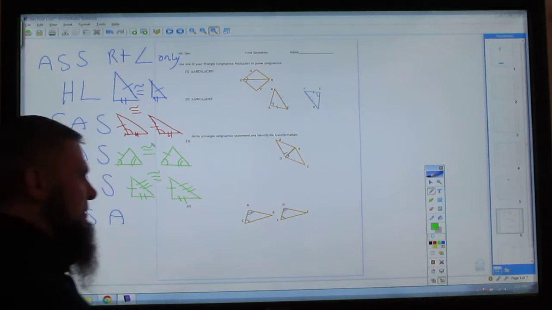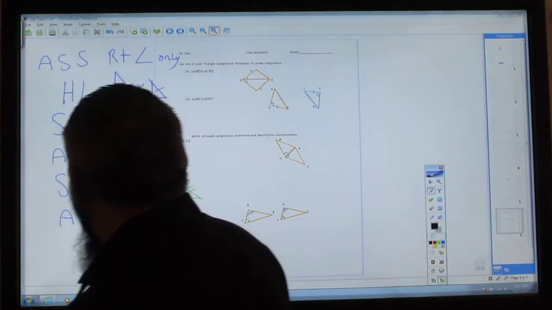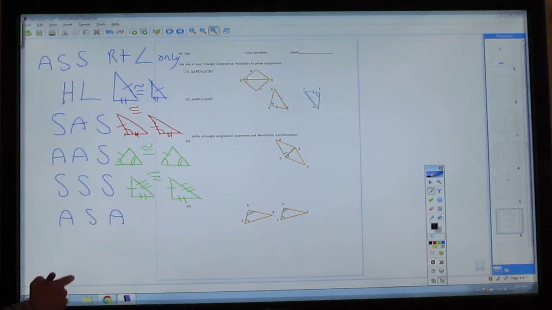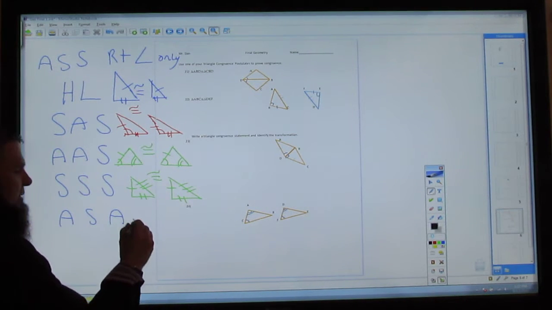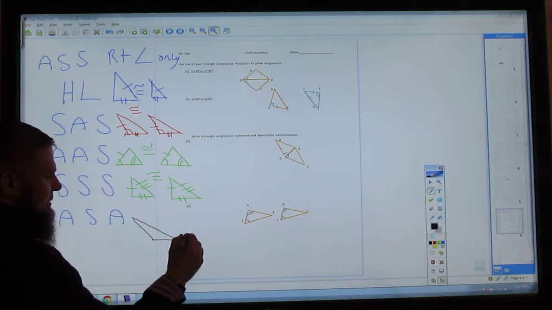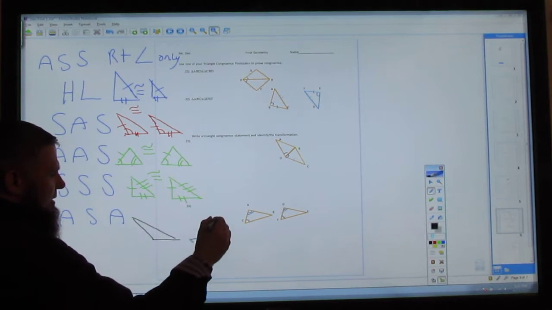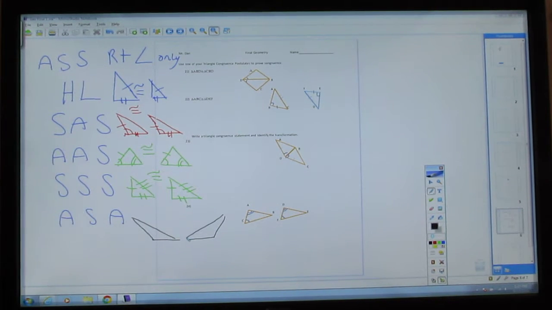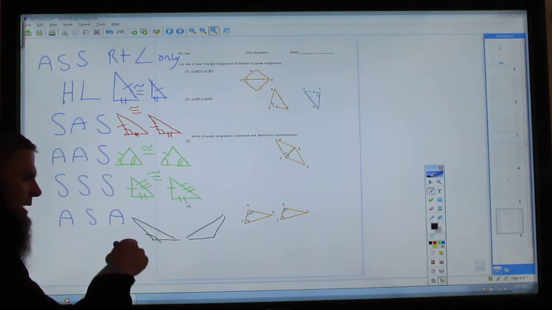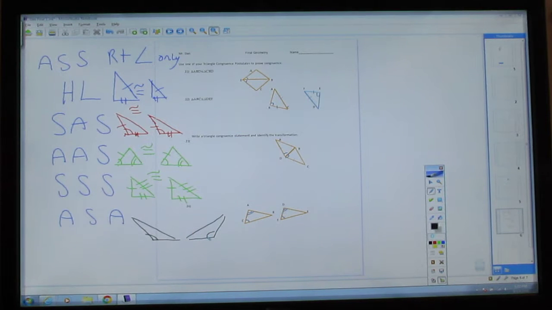Let's change color one more time. The last one. This is when we have an angle, side, angle. Right? So let's go with this funky one again. I like that. And then let's go like this. That's pretty funky. They look funky. Okay. So I'm going to go angle, and that's going to be congruent to this angle.